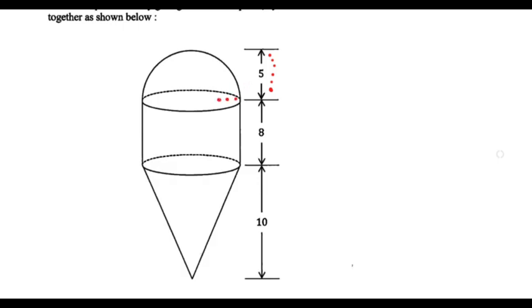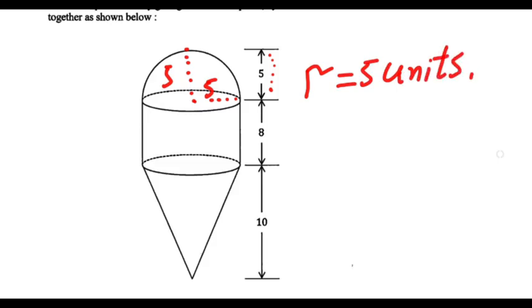So the radius is going to be 5, because as I showed you earlier, the radius all over is equal in length. So on top also it's going to be 5. So the radius is equal to 5 units. This is the answer of the first question.